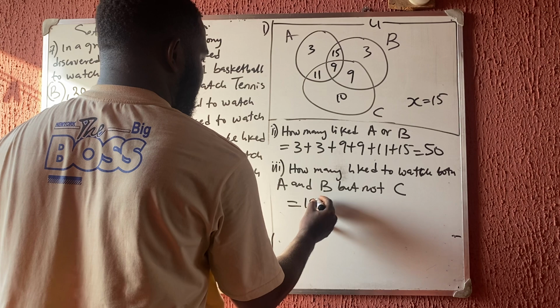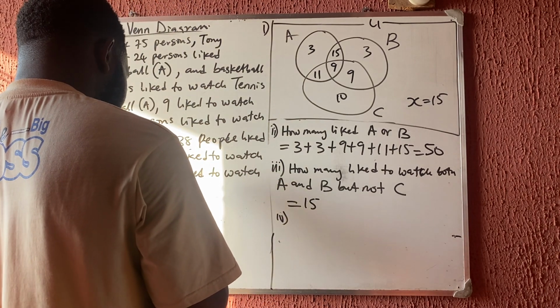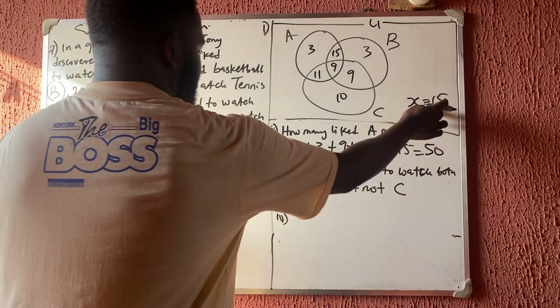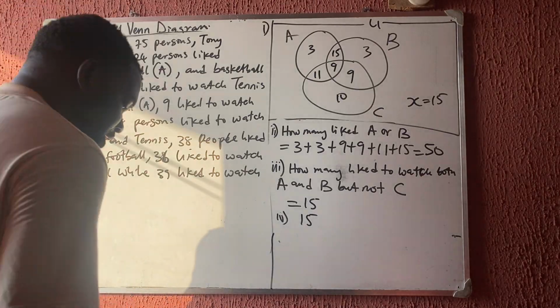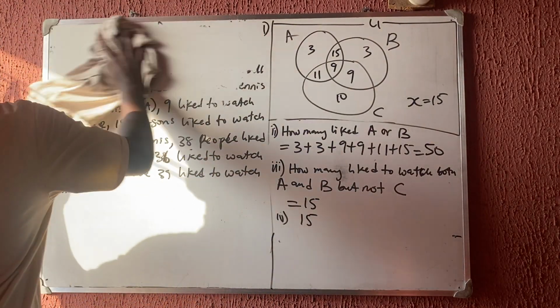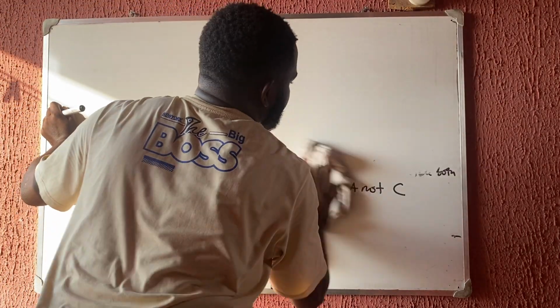So 15 is only A and B. Then how many didn't like any of the three? We have gotten it, 15. So 15 did not like any of the three. You see, once you get the Venn diagram, every other answer is now possible and very easy for you to get.